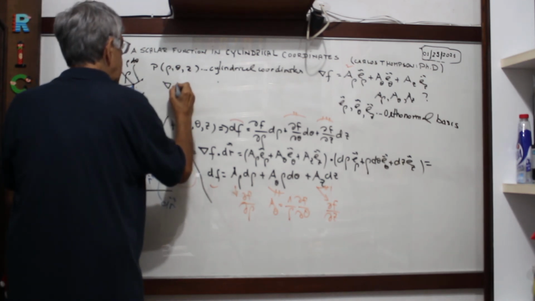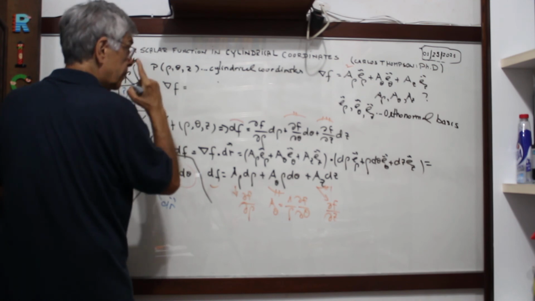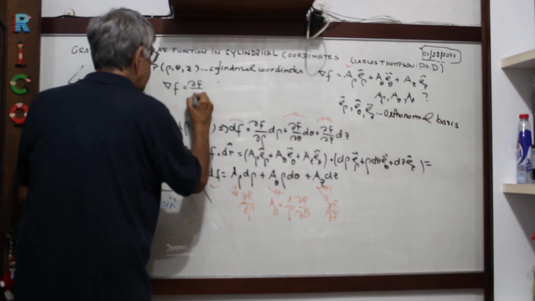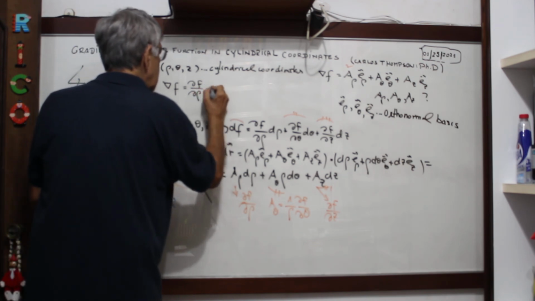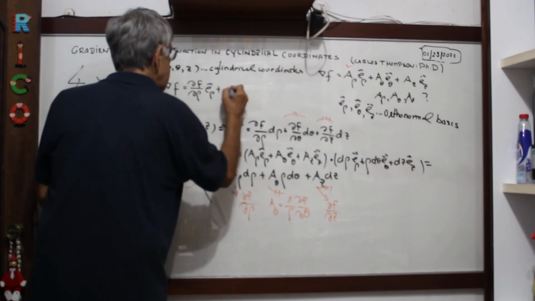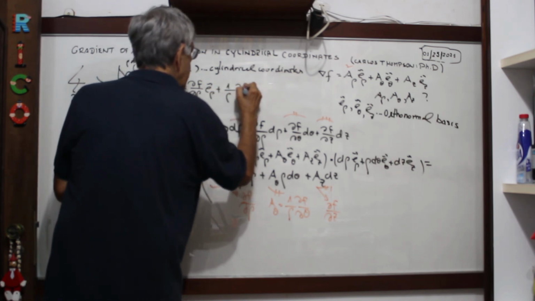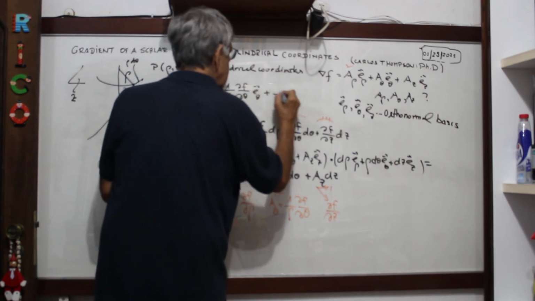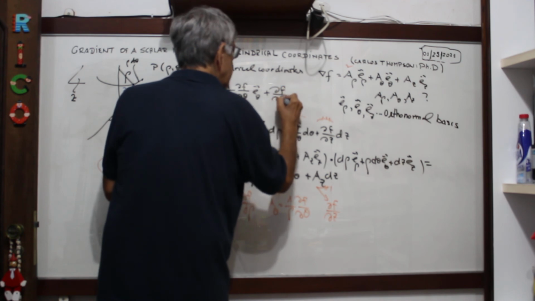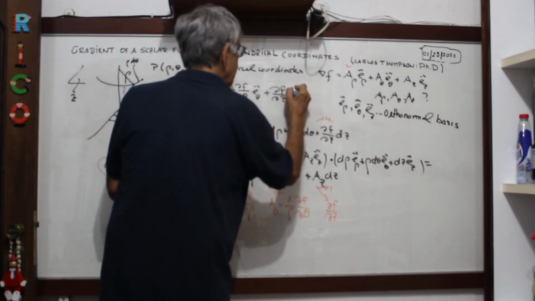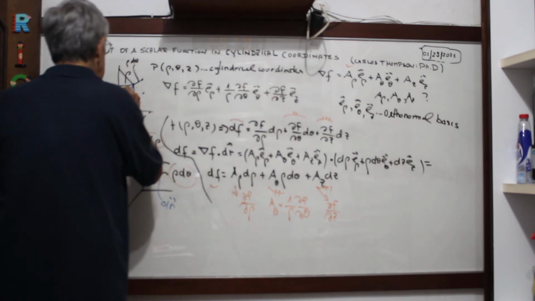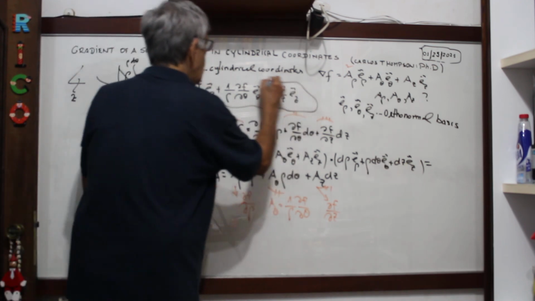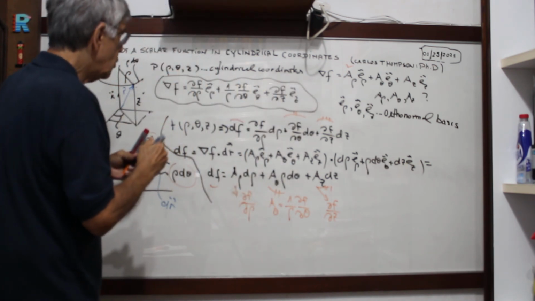Del f is equal to the partial derivative of f with respect to rho e rho, plus 1 over rho partial of f with respect to theta e theta, plus the partial derivative of f with respect to z e z. e z is the same as k. This is what I wanted to obtain.